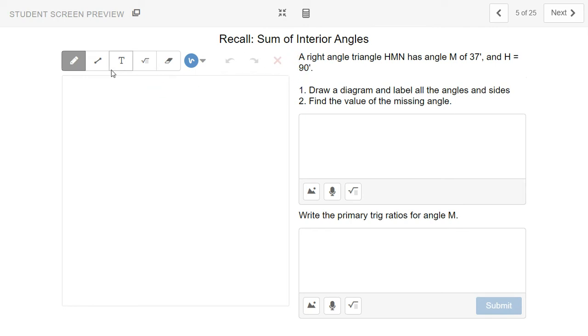Another thing that I would like us to remember is the sum of the interior angles. That's the one that says if I have three angles in any triangle, whether right angle or not, they add up to 180.